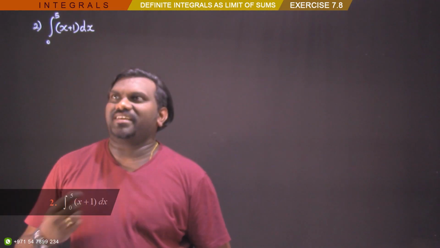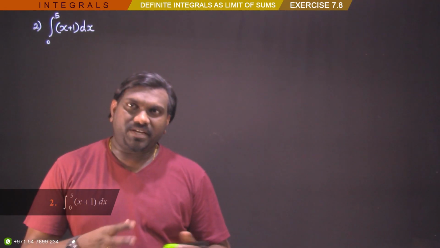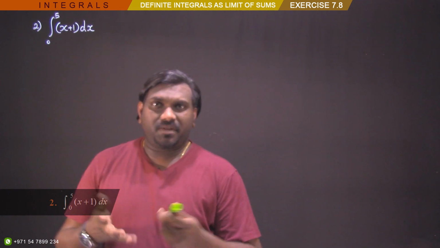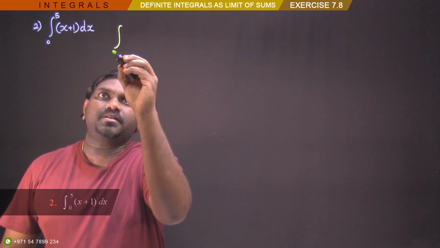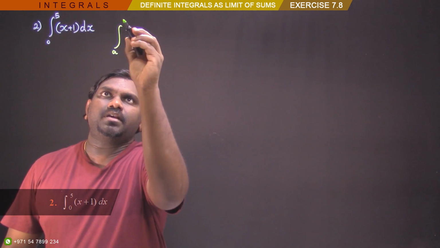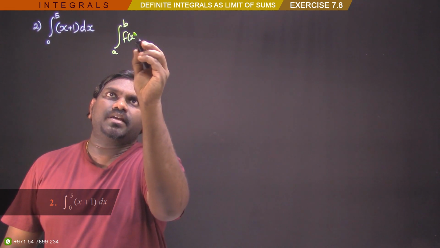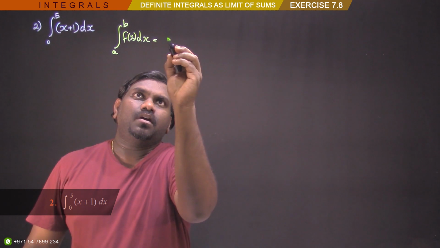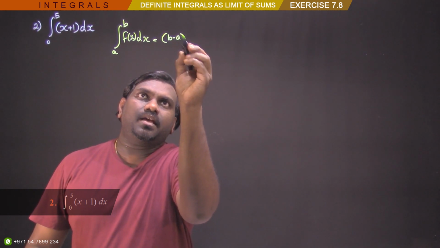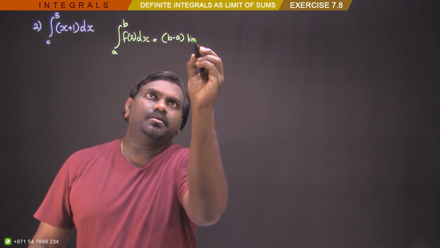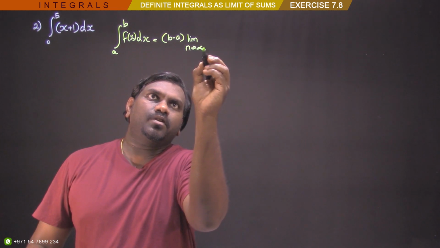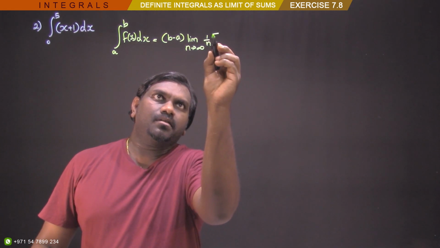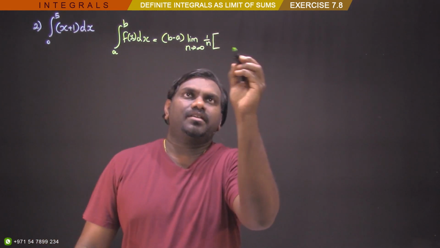On to the second question, dear. Integrate 0 to 5, x plus 1 dx, dear. Okay, we know our limit of a sum identity, or formula, like integral a to b f of x dx, right, dear? And that is equal to what? That is equal to b minus a, limit n is tending to infinity, 1 by n into, right, all these terms.